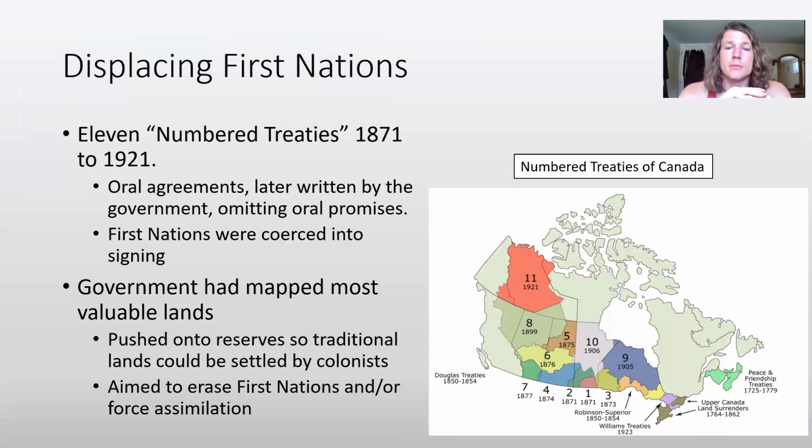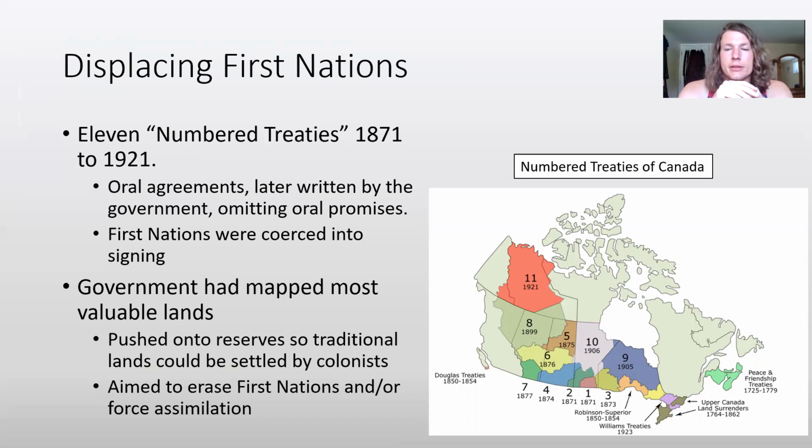More locally, mapping was an essential tool used by the Canadian government to displace First Nations. One key example is the 11 numbered treaties that were signed between 1871 and 1921.